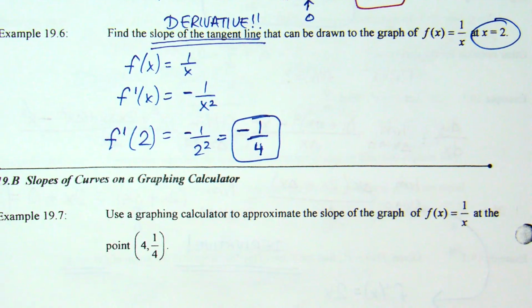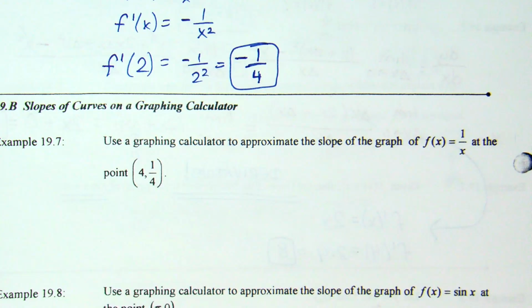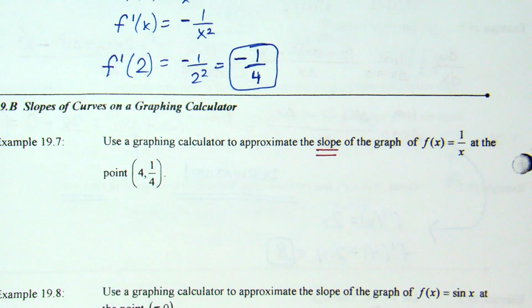Example 7. Use a graphing calculator to approximate the slope of the graph of f of x equals 1 over x at the point 4 comma 1/4. What word did you see in there? Slope. What are we thinking then?